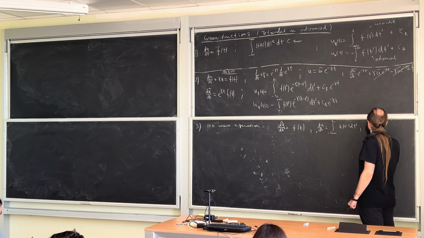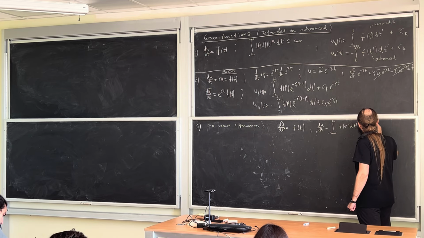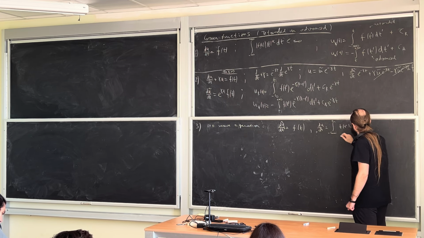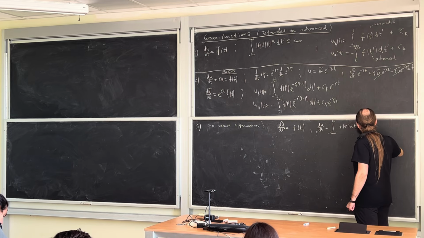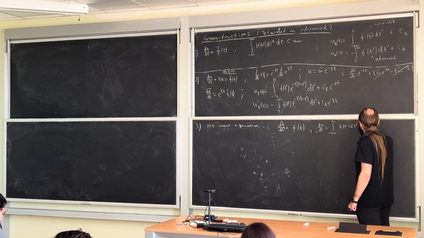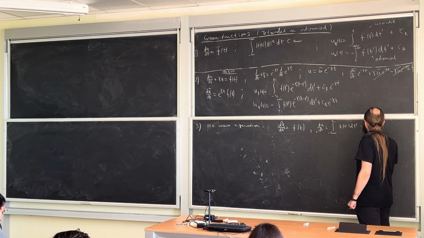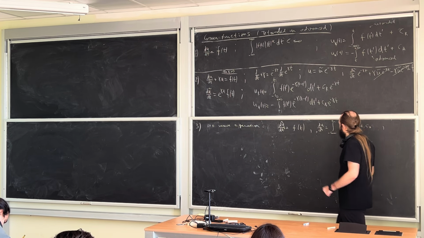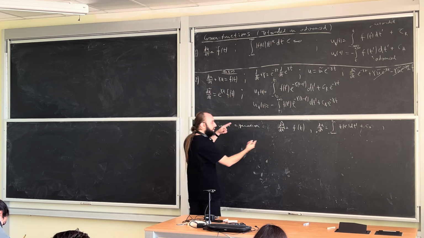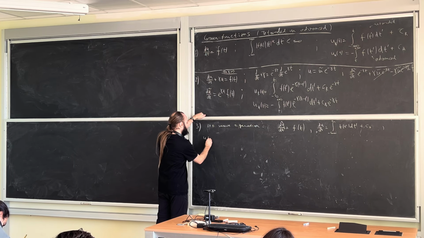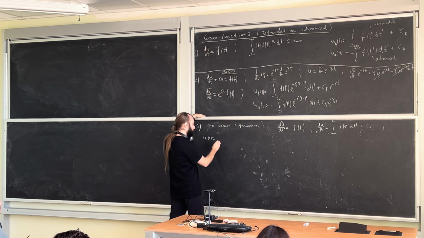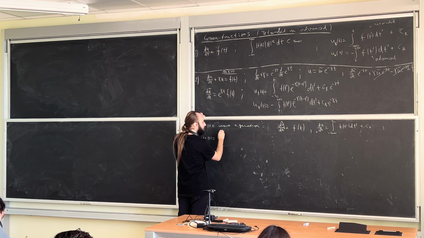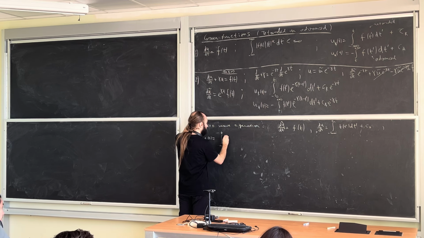Plus one constant, maybe. And if we integrate it again, u of t will equal the integral from minus infinity to t dt prime.